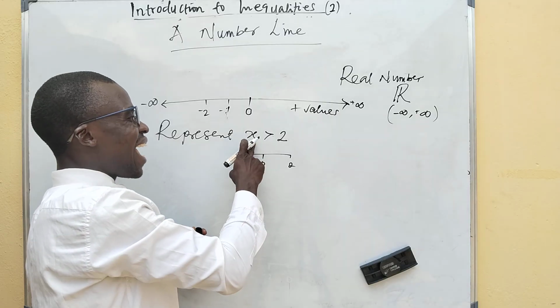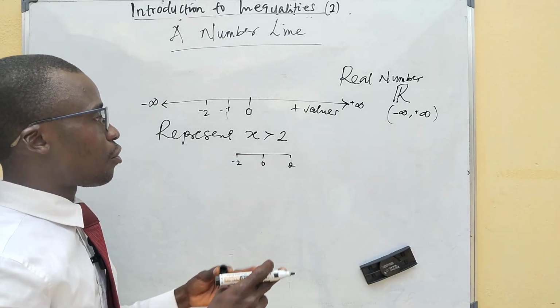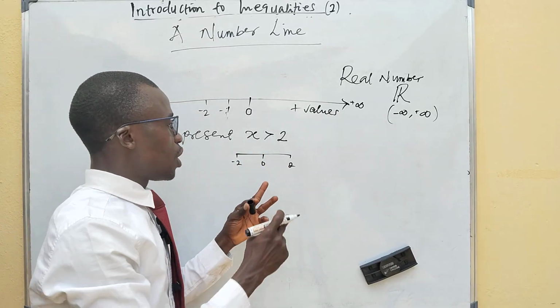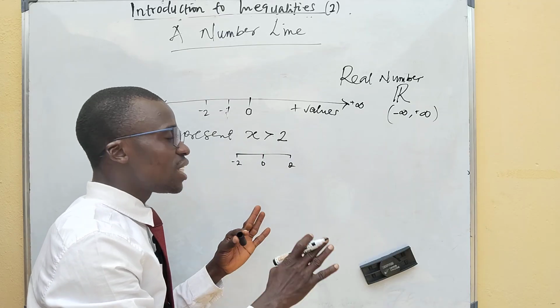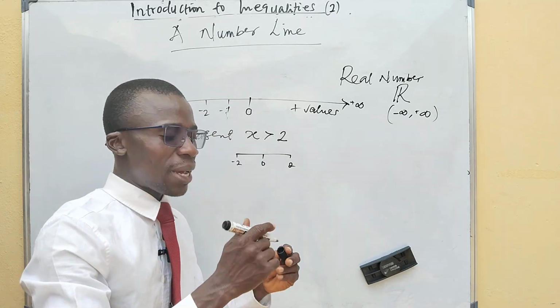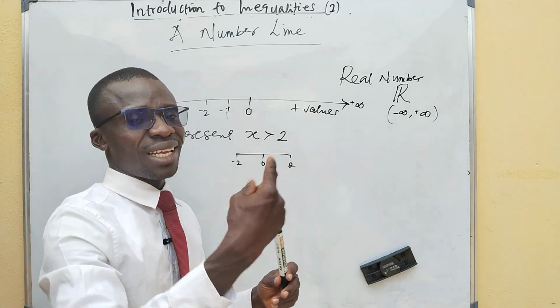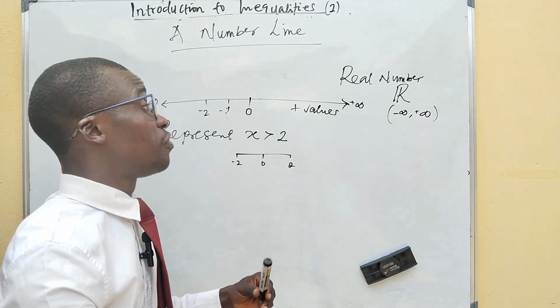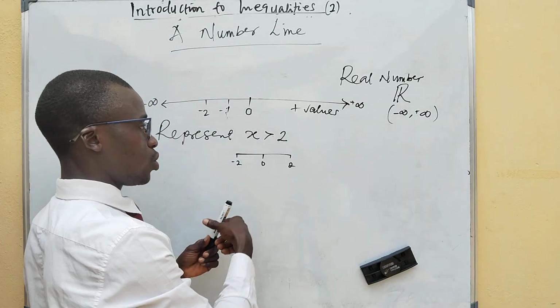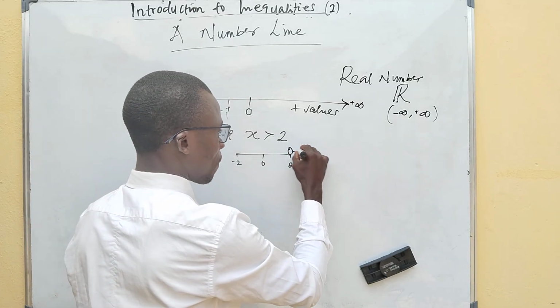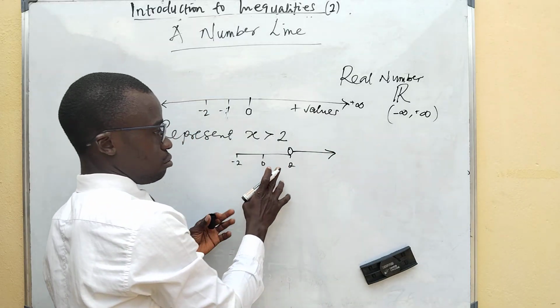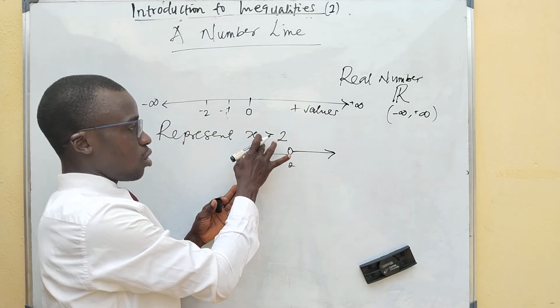Since x is strictly greater than 2, from what I have shown you before, it means 2 is not part of it, but the numbers we are going to have are greater, meaning starting from 3 or even 2.1. 2.1 is greater than 2. So we can take it from here and move it this way. So this is the representation of this.